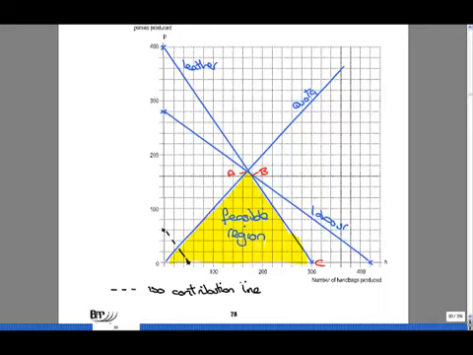Now this iso-contribution line clearly isn't the point at which we're going to maximise our contribution, but it gives us the appropriate gradient. So what we need to do is take this line and push it out in parallel, keeping the gradient the same, as far as we can until we leave our feasible region.